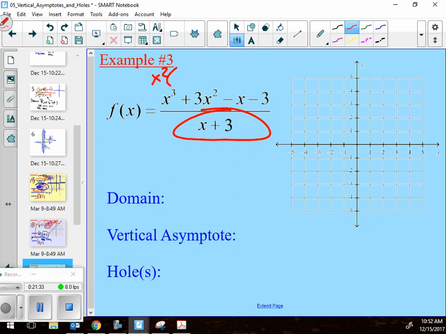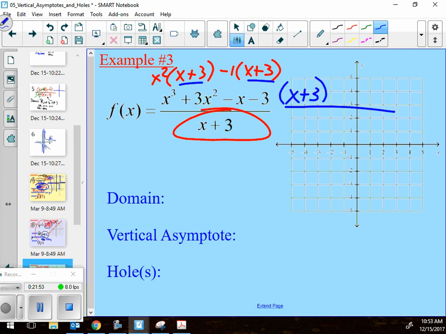X squared came out, and then -1 came out. If you didn't catch that last part, if you were like, but they aren't coming out the same, then you weren't factoring the right thing out. Now I got an x plus 3 that's going to come out, and I'm putting x plus 3 in the front of my equation, and then what's left after these come out is x squared minus 1.